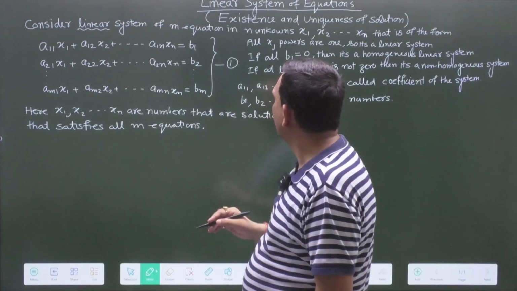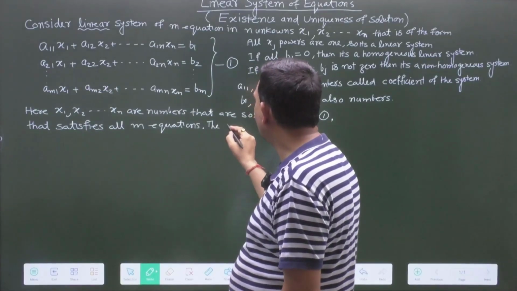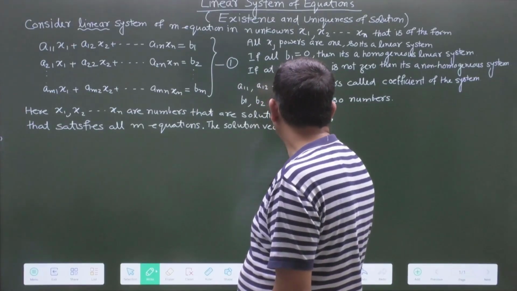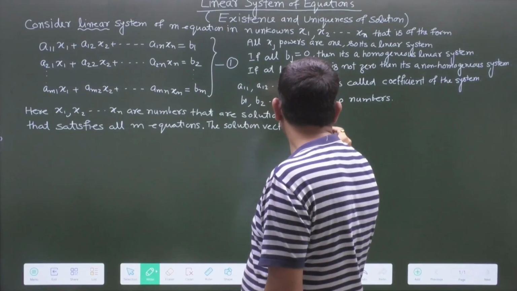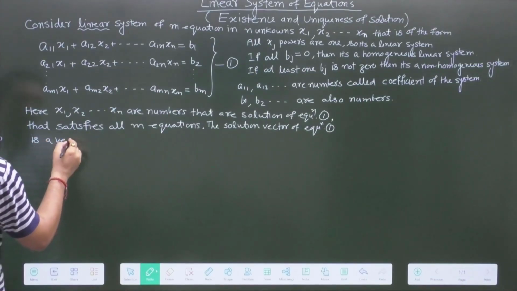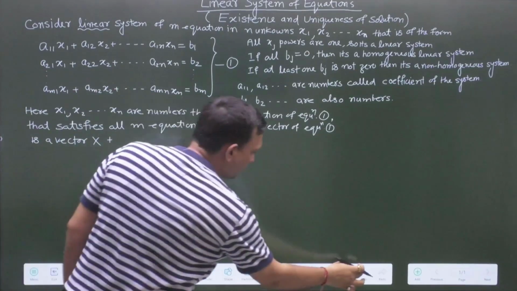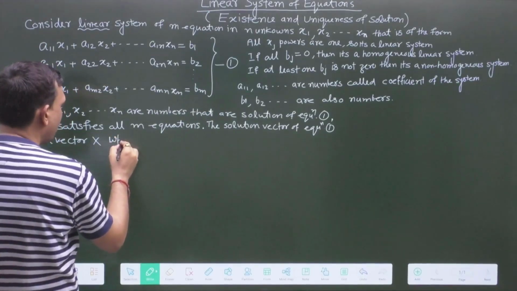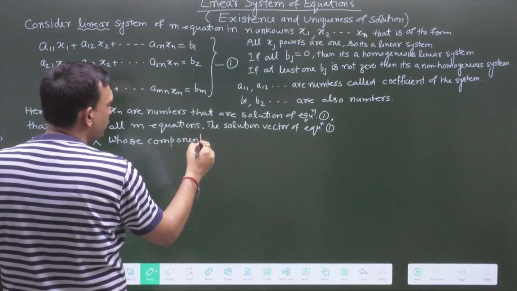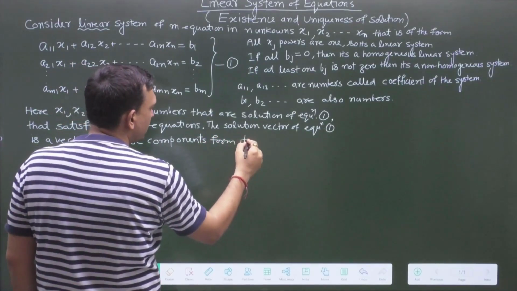Now, in terms of matrix notation, we will write the solution vector of equation 1 as a vector x whose components form its solution.